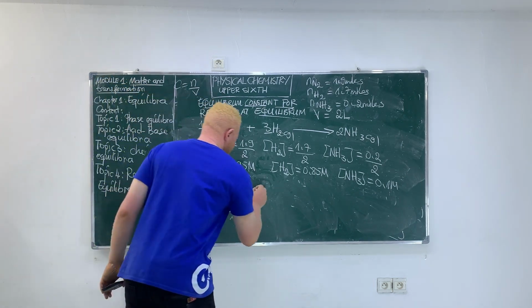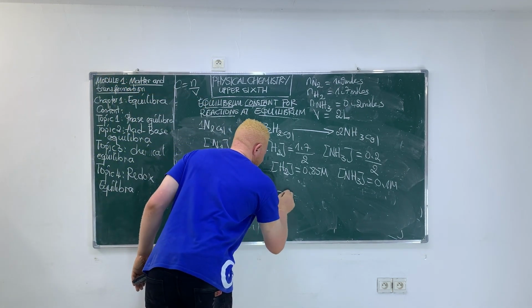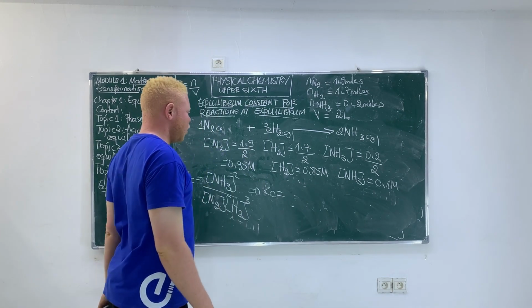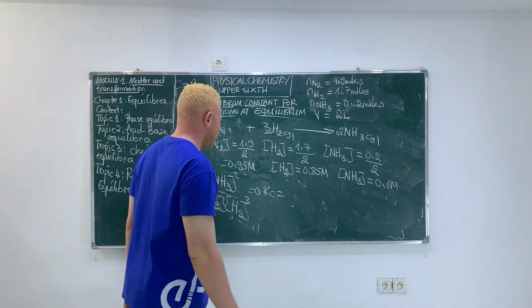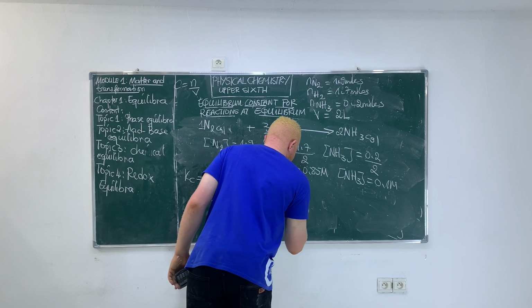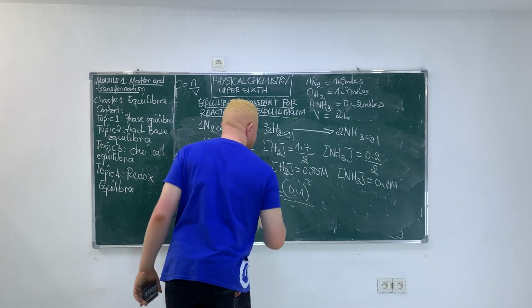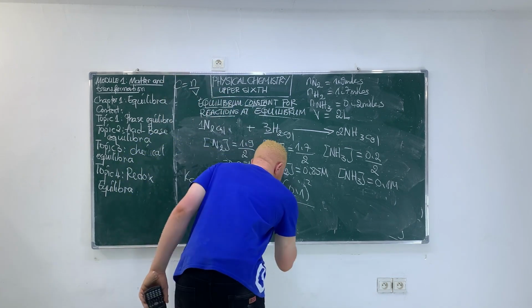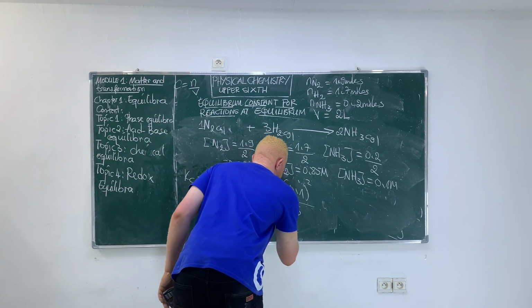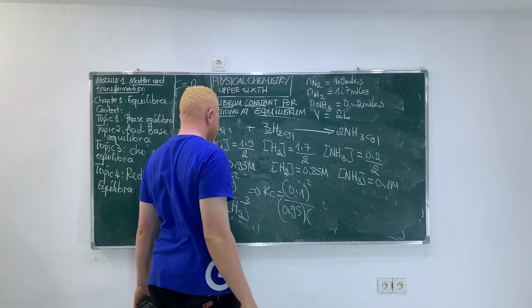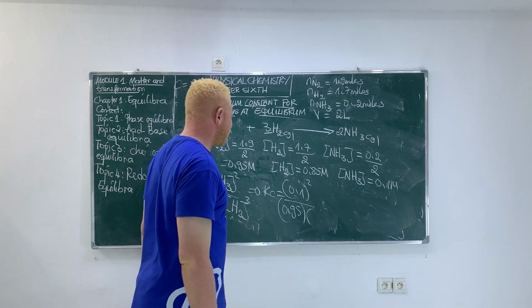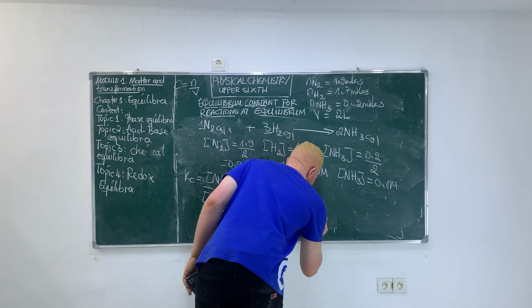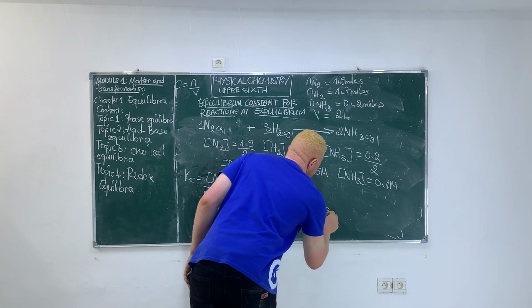So apply the formula. Kc is equal to the concentration of ammonia, 0.1, squared, divided by the concentration of N2, 0.95, times the concentration of H2, 0.85 cubed.